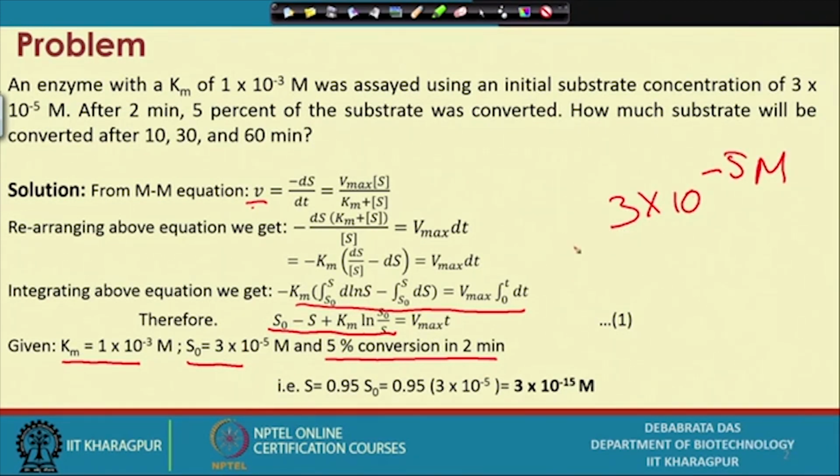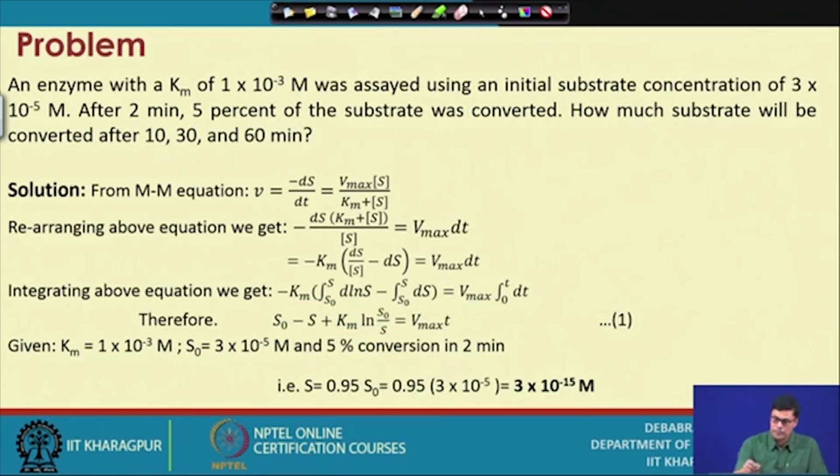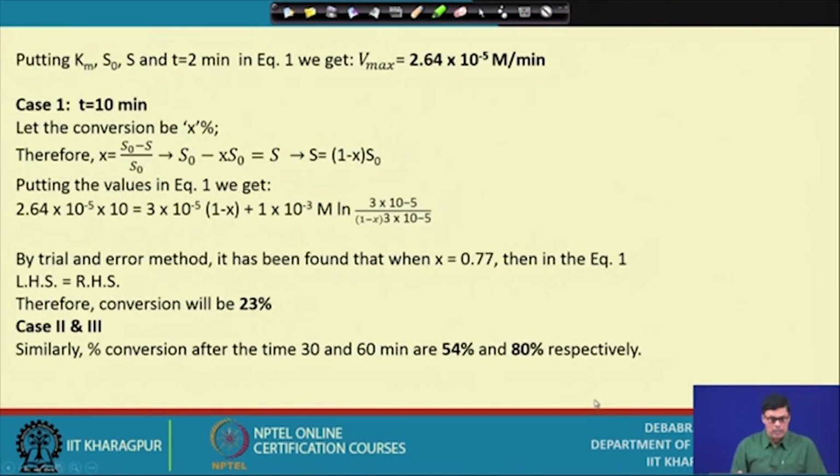How much substrate will remain after the reaction? About 0.95, since 5% substrate converted. So we multiply by 0.95 and we get the substrate concentration after the reaction. From this we can find the value of Vmax.